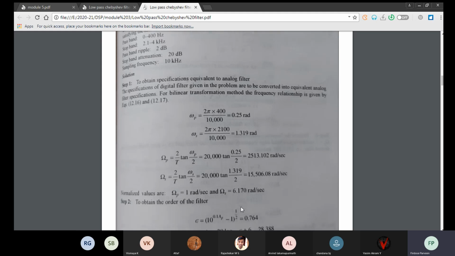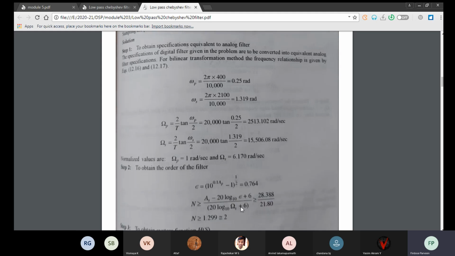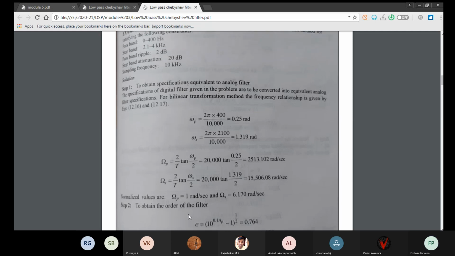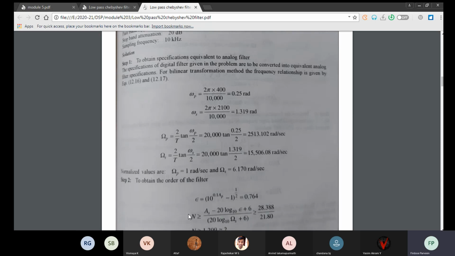Okay, so now to obtain the order of the filter, calculate and tell me whether you are getting the same values. Epsilon you calculate and calculate n value, keep it in radians and tell me whether you are getting the same value. So pass band, that is AP, is 2 decibels. AS is 20 decibels.